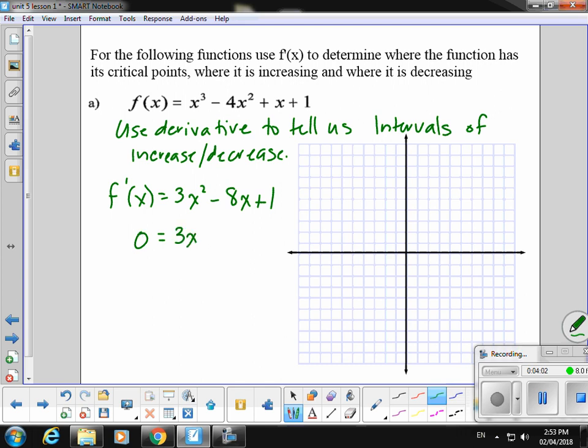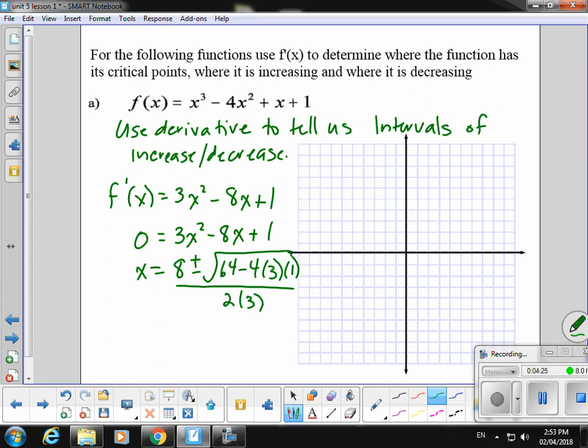So if I have 3x squared subtract 8x plus 1, I would try my darndest to factor it, and oops, it's not very nice. So to find those x-intercepts, I'm going to use the quadratic formula, +8, add or subtract the square root of b squared minus 4ac all over 2a.